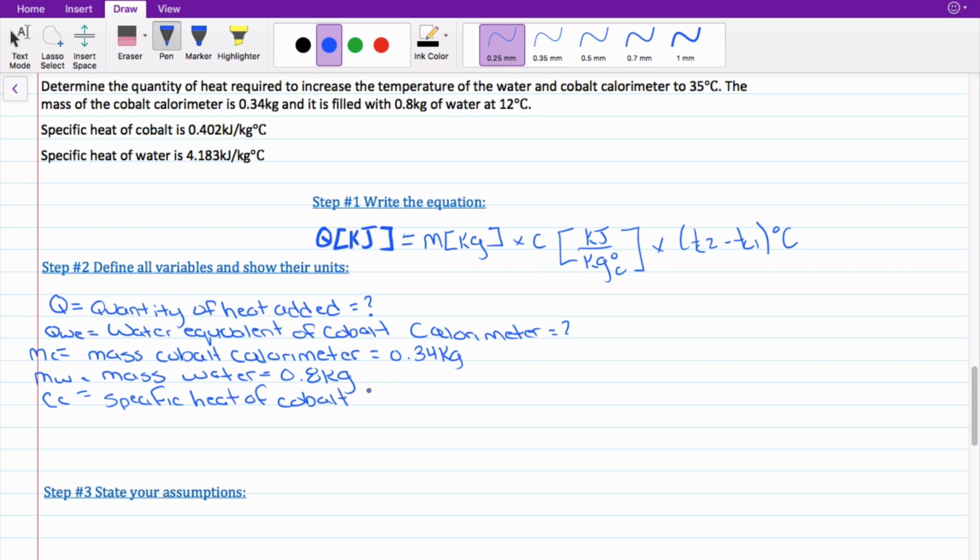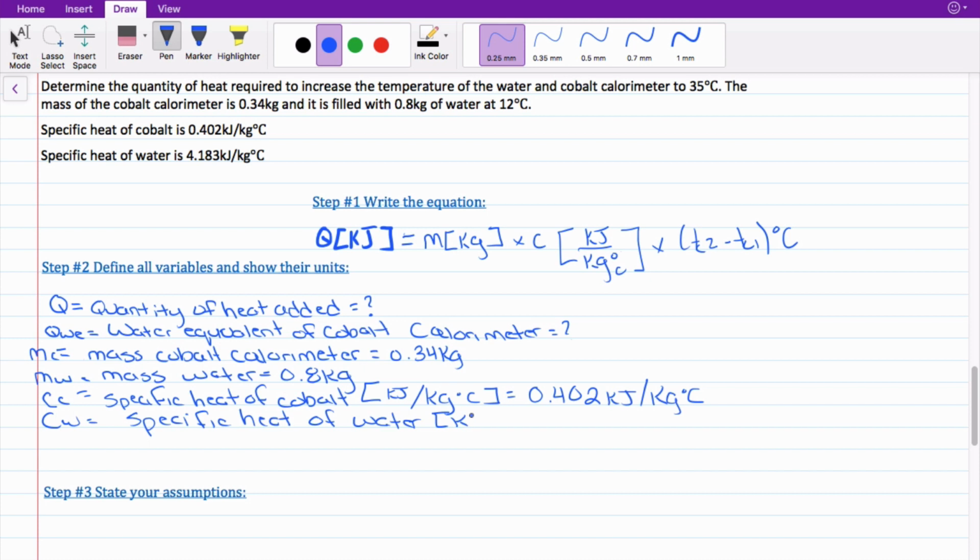The specific heat of cobalt is in kilojoules per kilogram Celsius, and that's 0.402 kilojoules per kilogram Celsius. We have the specific heat of water, that's in kilojoules per kilogram Celsius, and that's 4.183 kilojoules per kilogram Celsius.